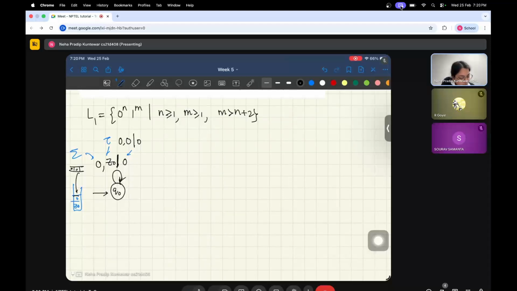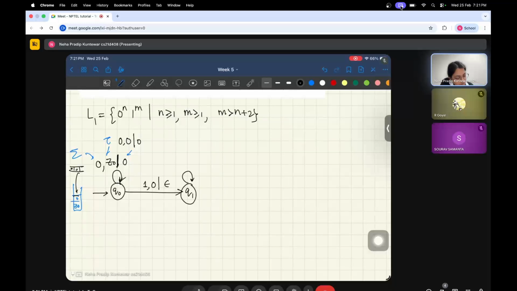Okay, and now if you see a 1 on the input and the top of the stack is 0, then you are going to pop the 0.